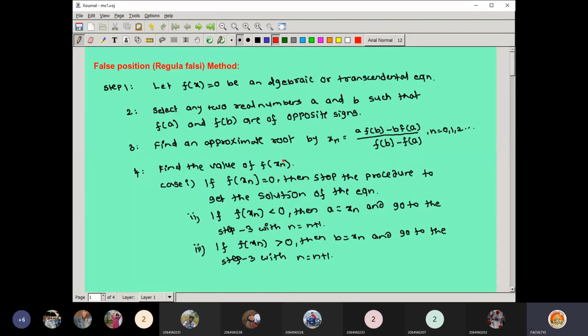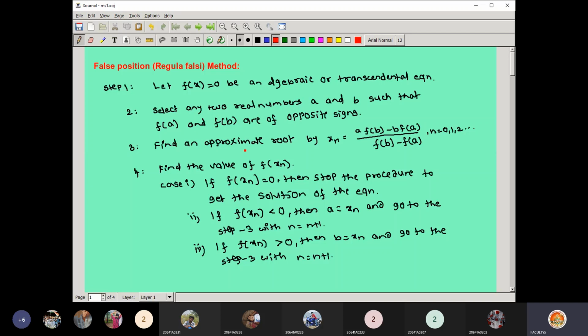So generally you have to repeat until 0 comes. Suppose we find the approximate root 5 times and still are not in a position to find the 0 value, then you just take the average of all the approximate roots. That gives you the approximate solution to the given algebraic and transcendental equation.